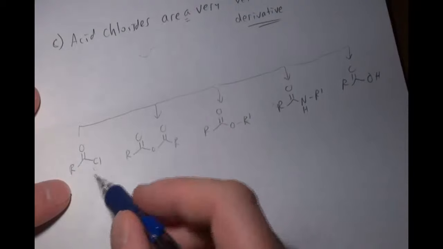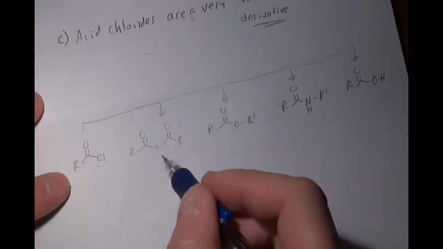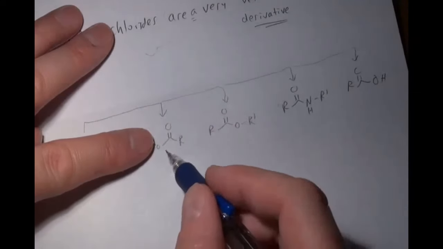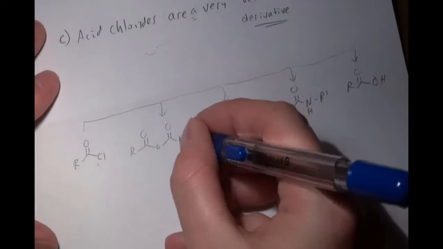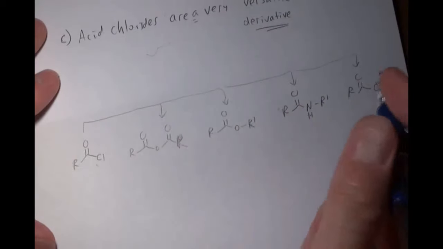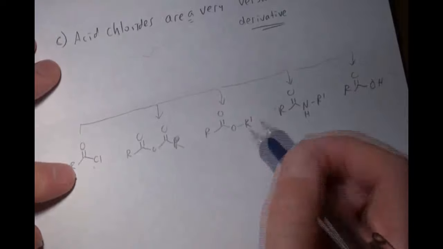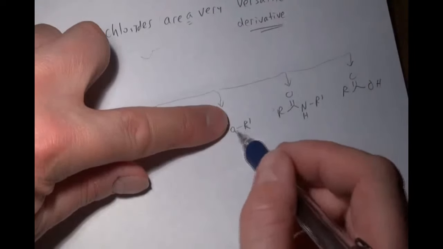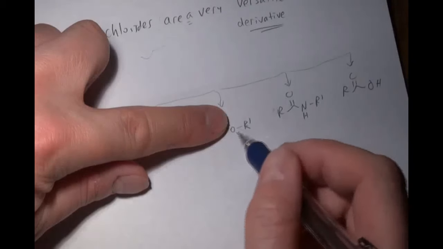So acid chloride can be converted to an anhydride, which we just saw that, right? What do we use as our nucleophile? That was the electrophile. We used essentially a carboxylic acid, and then we were able to make an anhydride, right? And what if we want to make an ester? If we want to convert an acid chloride to an ester, what do you think we're going to react with? Maybe this, but don't just have OR prime, it's going to be HOR prime, so an alcohol.